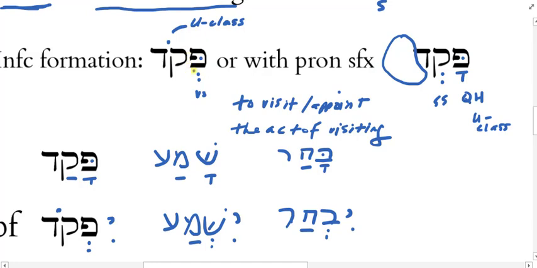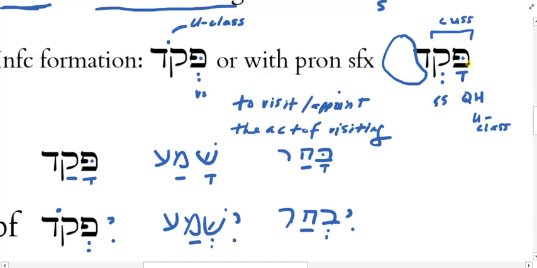So basically, if you can think of it this way, this might help you. In the normal form, it's shewa followed by U-class vowel. And when I want to add pronominal suffixes, I reverse the two. I have U-class vowel followed by shewa. But what you have to remember is that the U-class vowel is the short U-class vowel, not the long one, because I'm in a situation here where this is going to be a closed, unaccented syllable, and it's going to have to follow my CUSS rule.